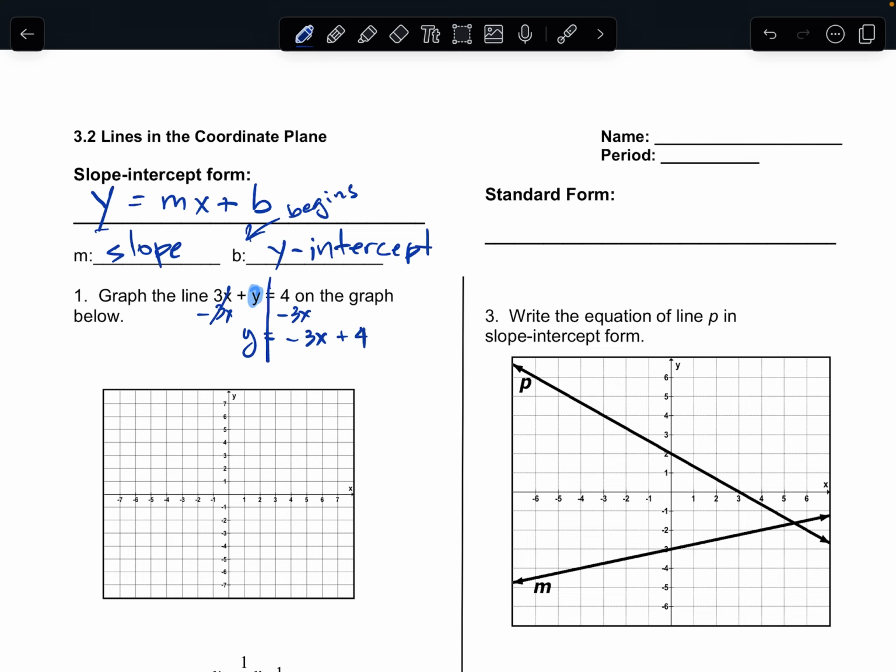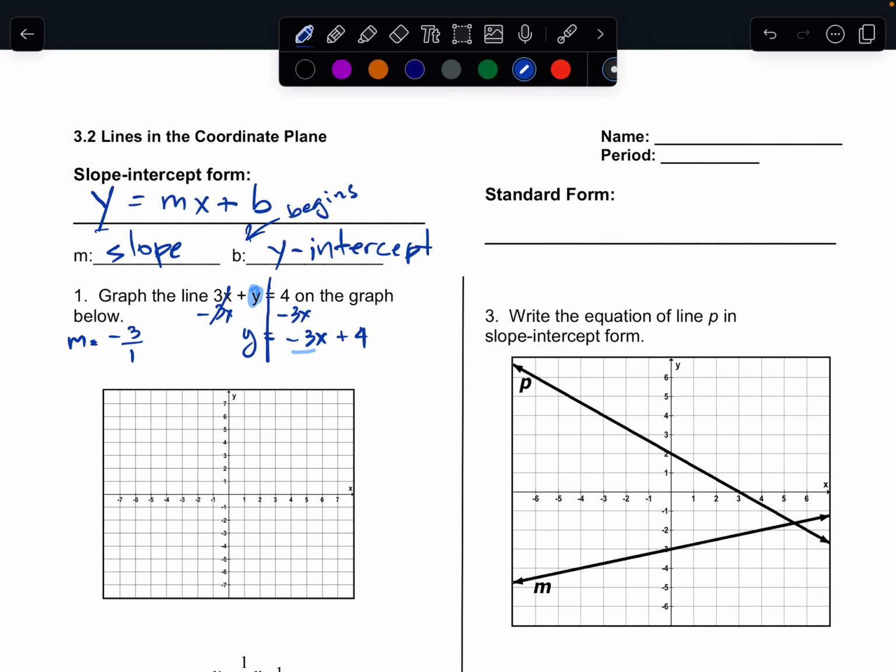Remember, they are not like terms. You cannot combine them. So how do we graph this? Well, first of all, let's look at the equation. We see a negative 3 with the x. This is our slope. Our slope is equal to negative 3 over 1. This is our rise over run.